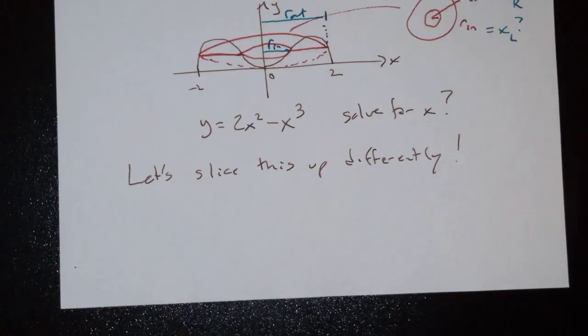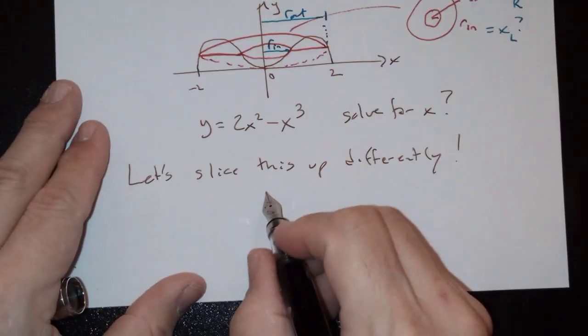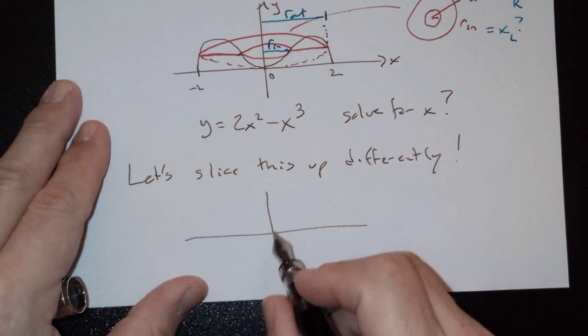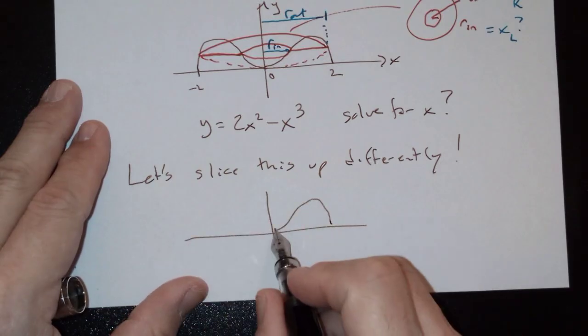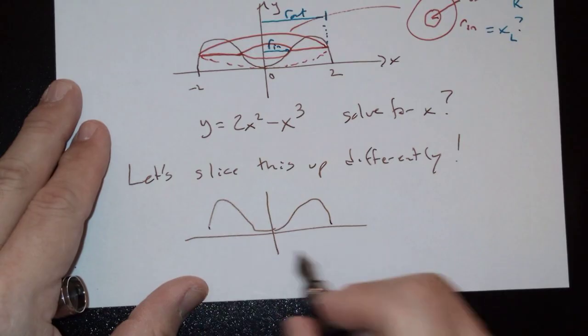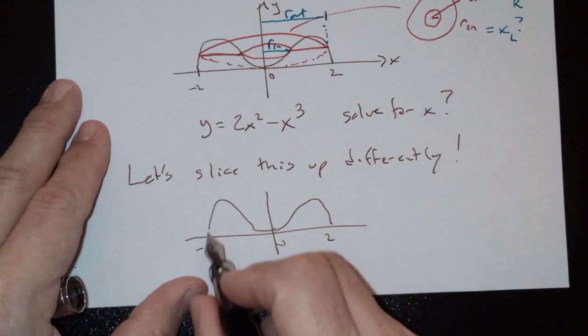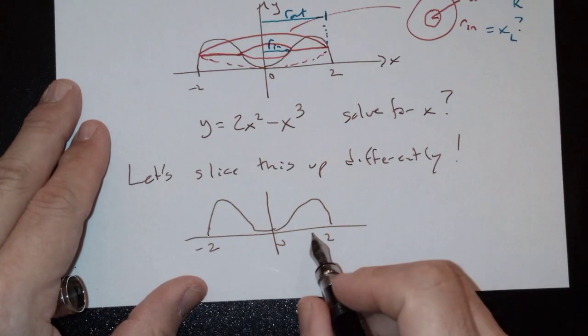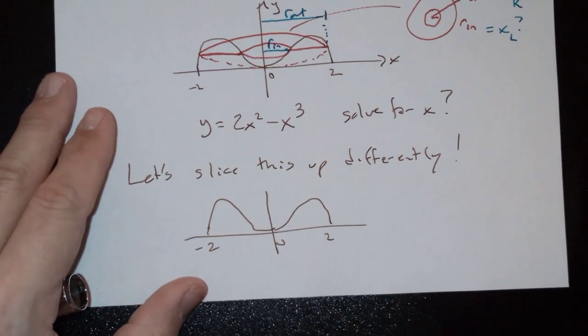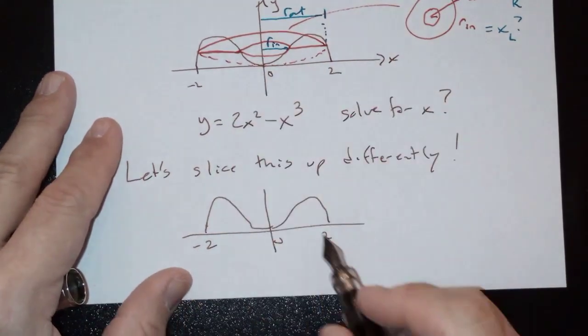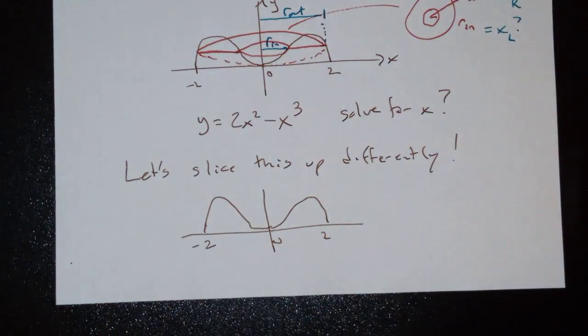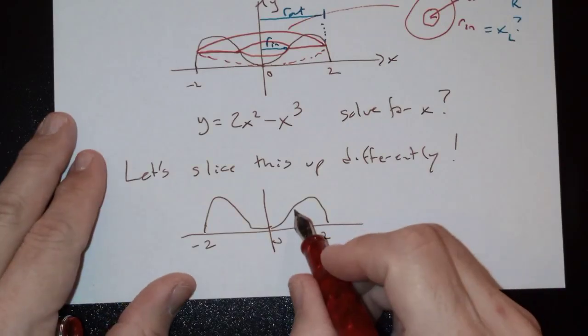Let's draw the picture a little better. Well, a little better is a relative term. Here's my curve, here's its reflection. Instead of cutting across, I'm going to cut up and down. So my slice on this side in the original curve is going to go this way, just like it did before.